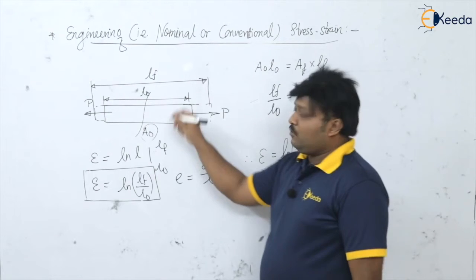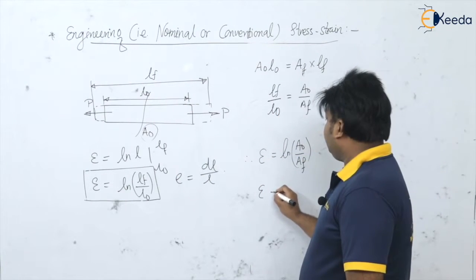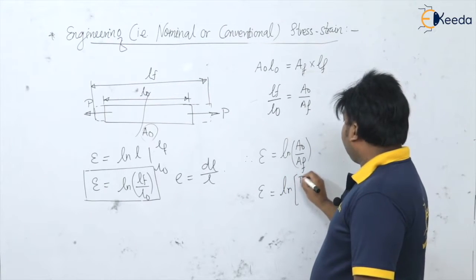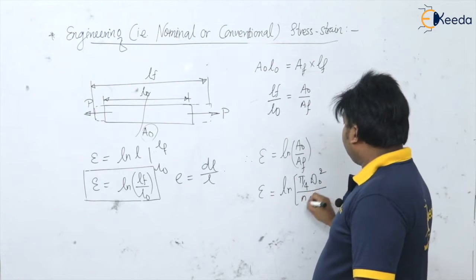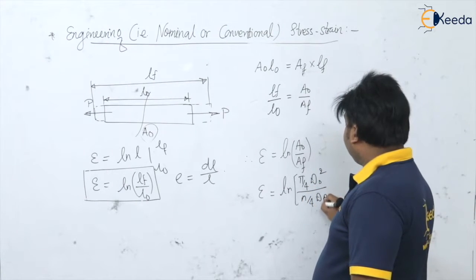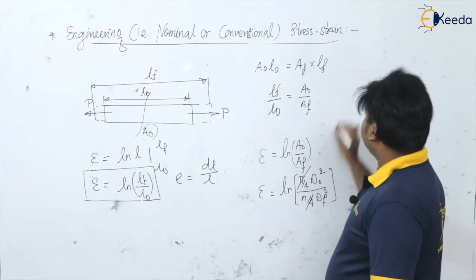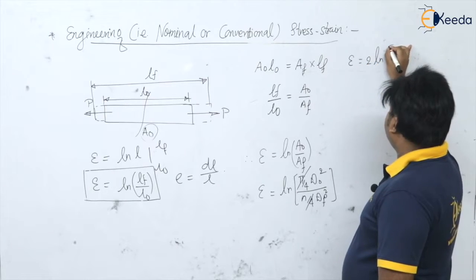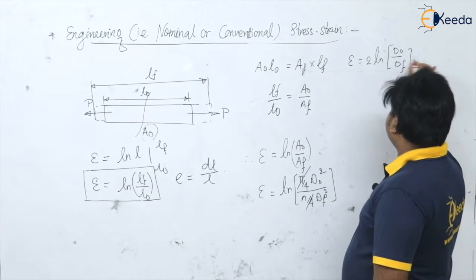And if this cross section is circular, then again we can simplify further, that is ln of pi by 4 d original square divided by pi by 4 d final square. So pi by 4 gets cancelled, so epsilon is equal to 2 ln of d original divided by d final.